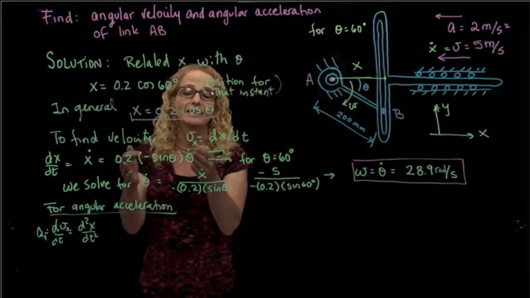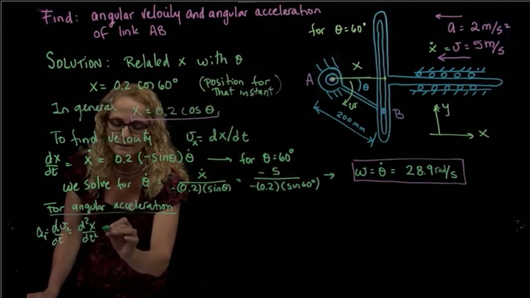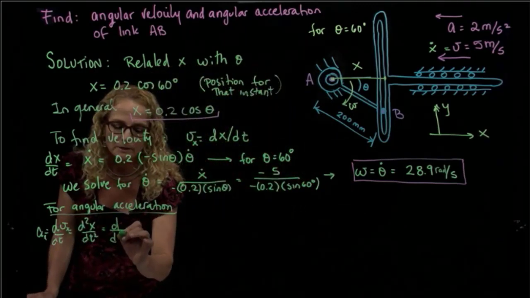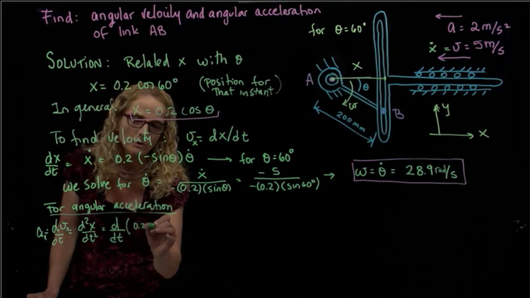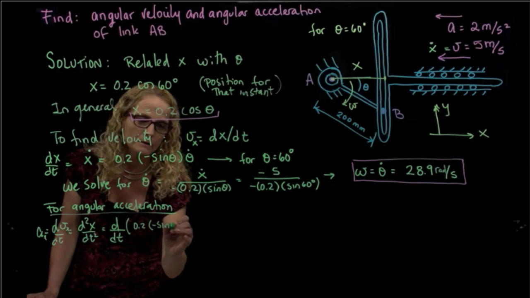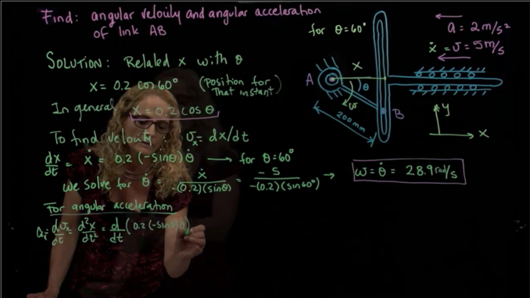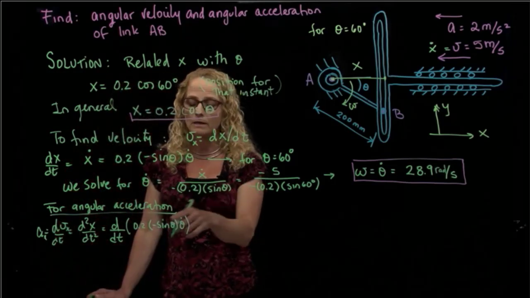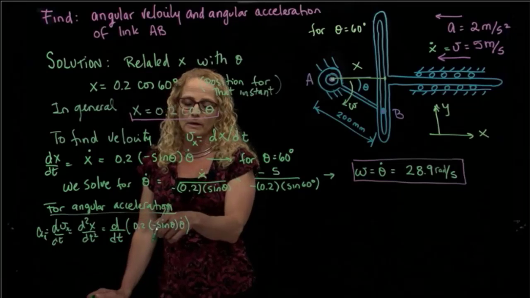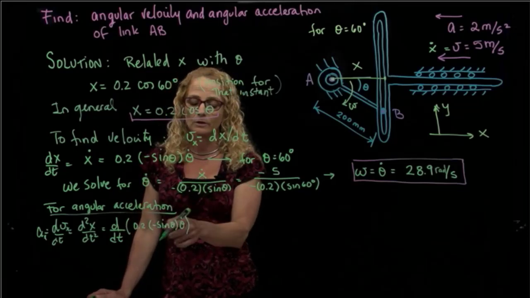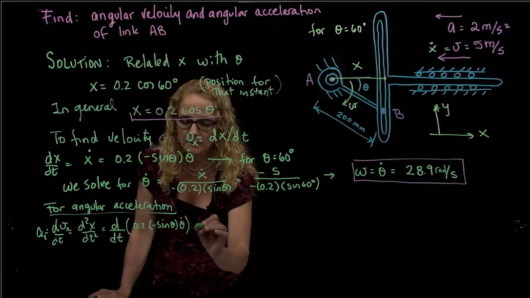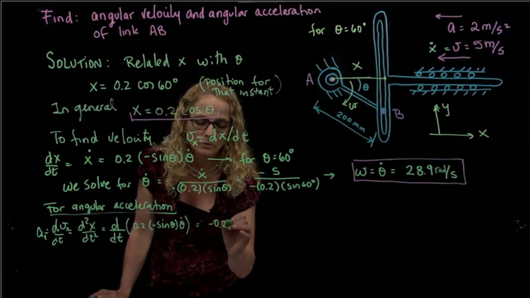So it's the derivative with respect to time of 0.2 negative sine theta, theta dot. 0.2 is a constant, and I can put the negative sign outside, and I will have the derivative of a product, so negative 0.2.